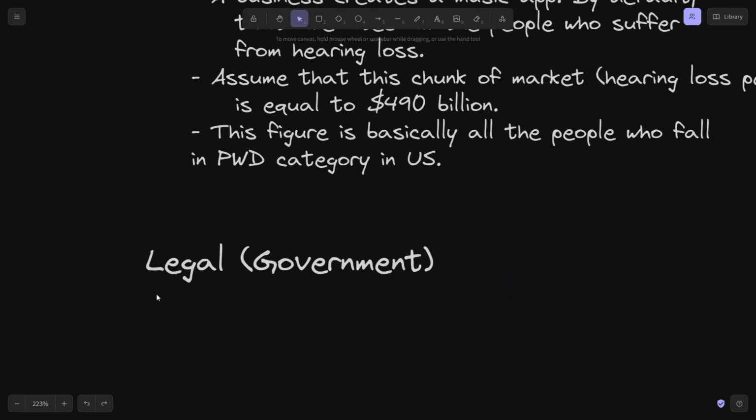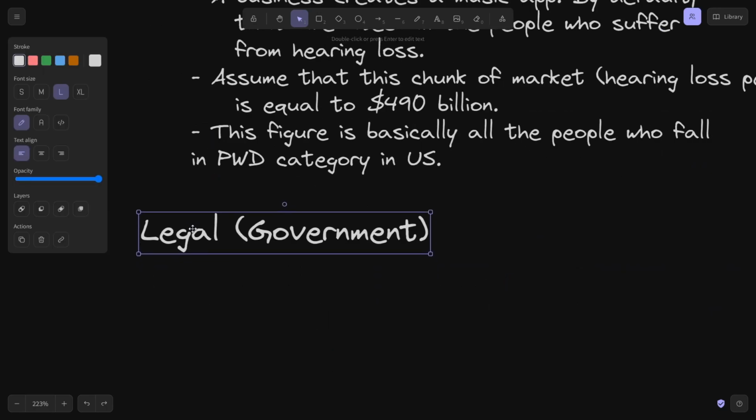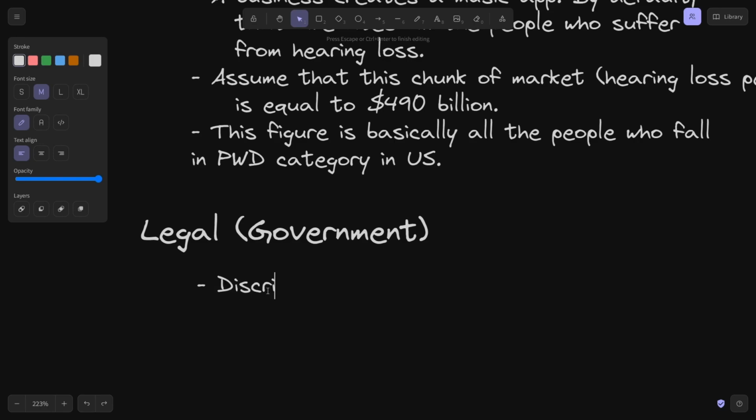Okay. The second reason why a business will do that, even if there's no such thing as profit, is because there is a legal ramification because of the jurisdiction in which it is operating. So that means if you are in any working democracy which values human rights, you will find that discrimination based on disabilities is a crime.